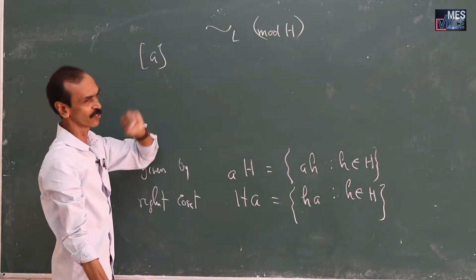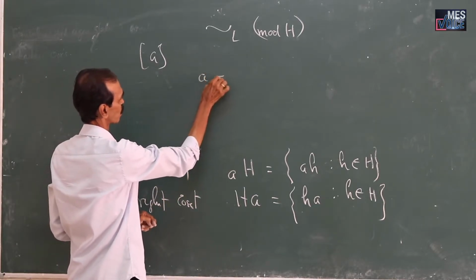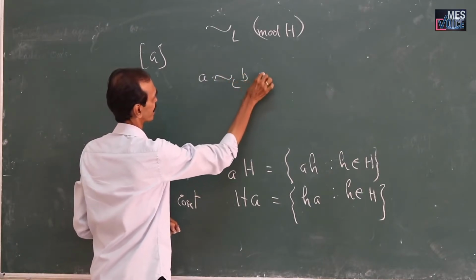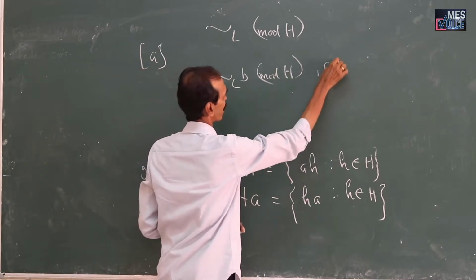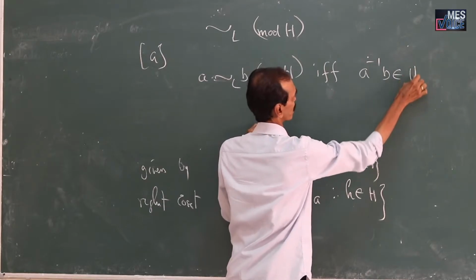What is left congruence modulo H? We have just seen that A is left congruent to B mod H if and only if A inverse B belongs to H.